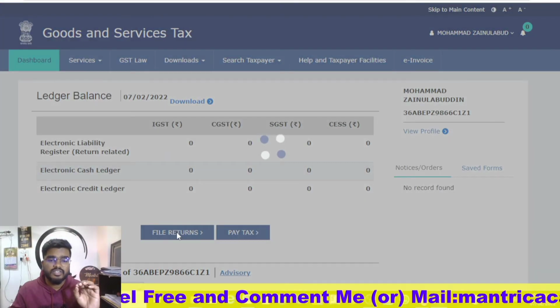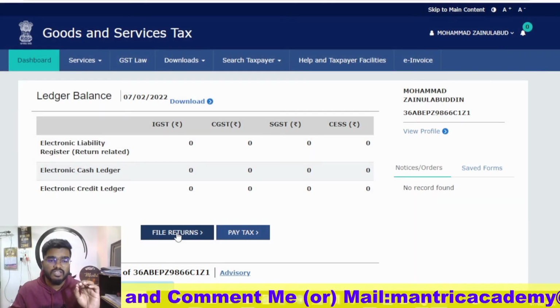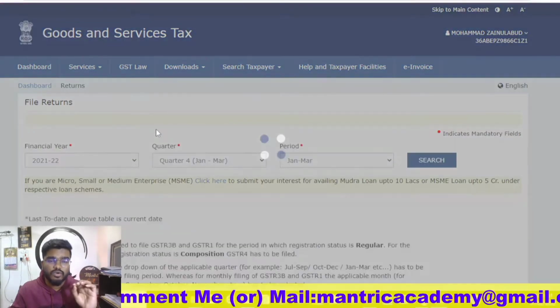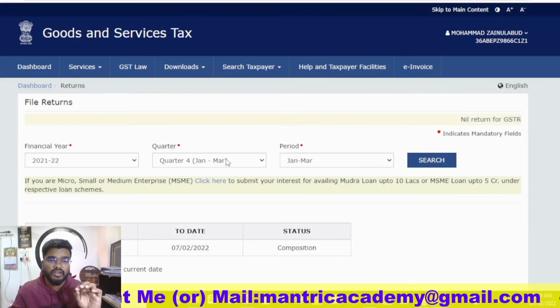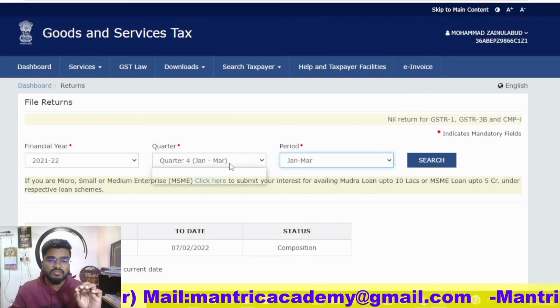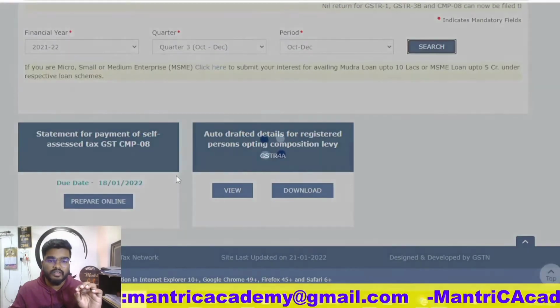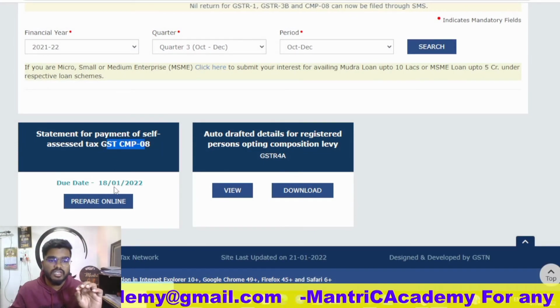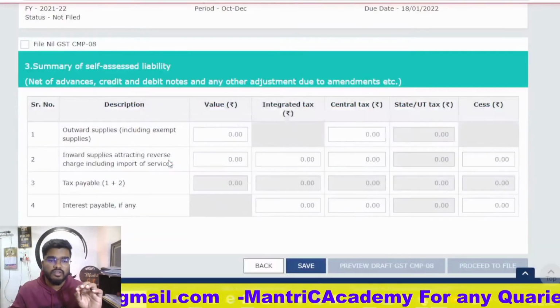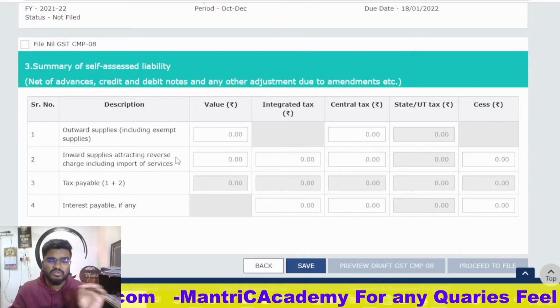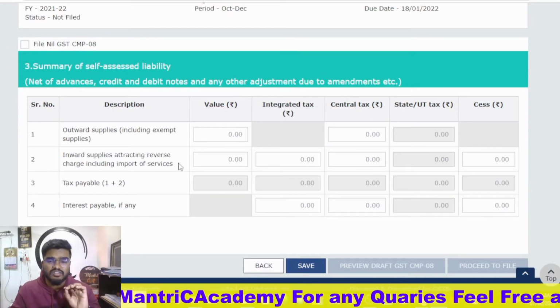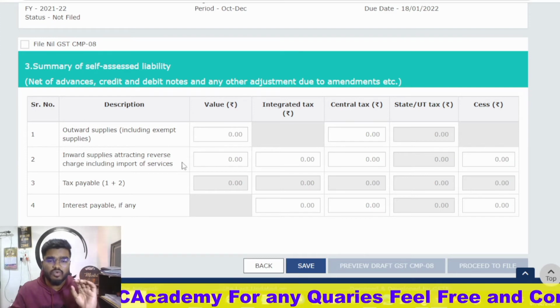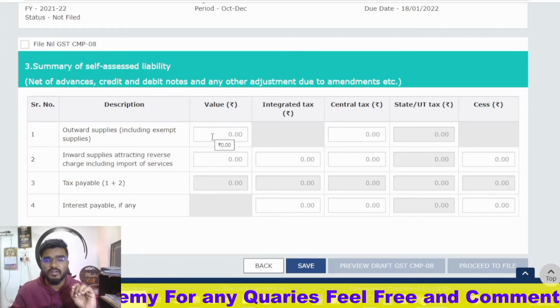Coming to the returns dashboard, file returns and select the quarter you are required to file. The December quarter is pending. The CMP-08 form is pending, and January 18th is the due date. You don't need to enter sales or purchase details in total. What is the turnover in a quarter?